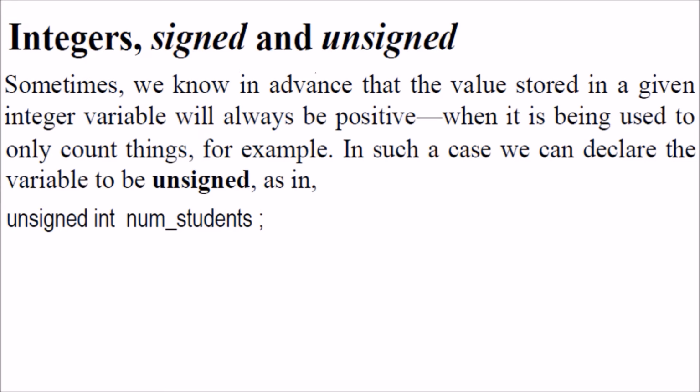Integers, signed and unsigned. You know that integers are capable of handling negative as well as positive values, which are not decimals. When we declare something as unsigned int num students, we know that the number of students can never be negative. Can you assume that your students are minus 16?